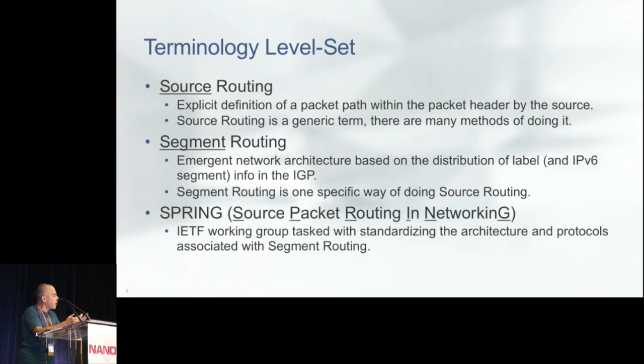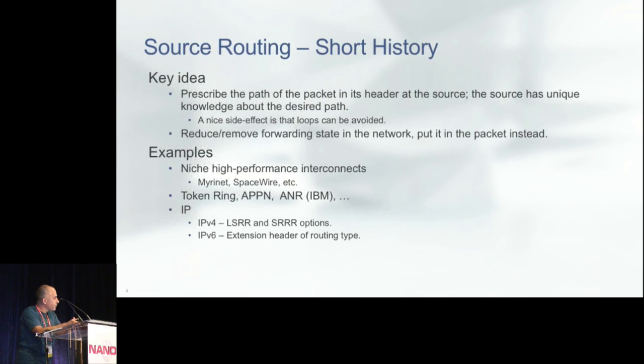It's kind of the technology du jour, shall we say. It does the same thing in a particular way. Spring is simply the name of the IETF group chartered with standardizing these source routing technologies. I will use the Spring term and the segment routing term pretty much interchangeably in this presentation, and most people do that anyway, and it's okay.